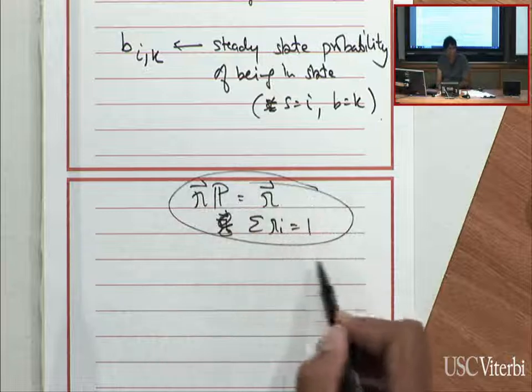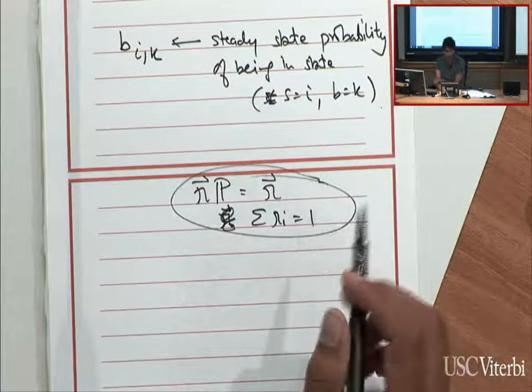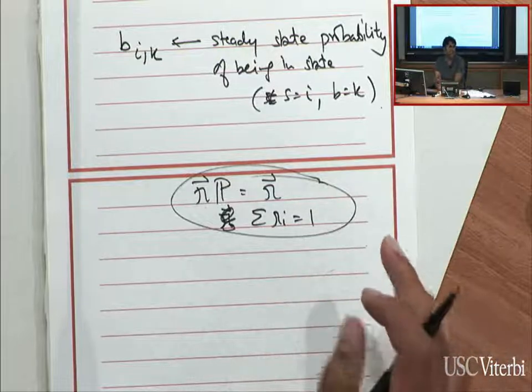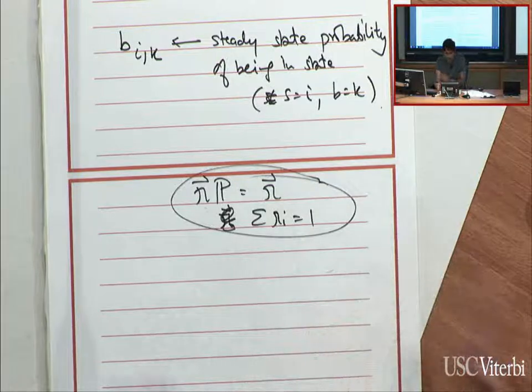So together, these things help you figure out what the steady state probabilities are, right? Also, hopefully in 503, you saw some other ways of deriving the steady state probabilities using the global balance equations and so on.